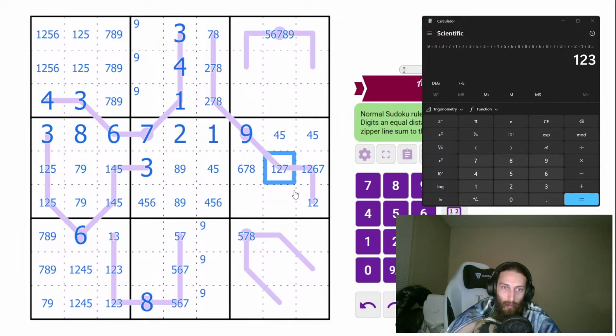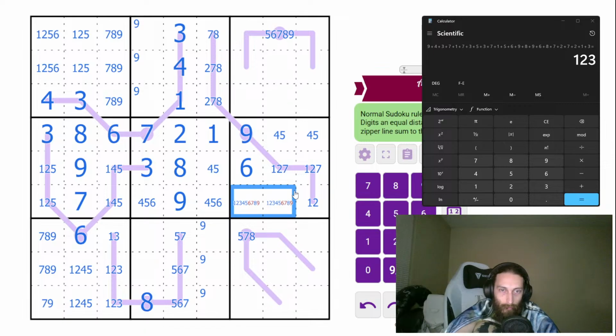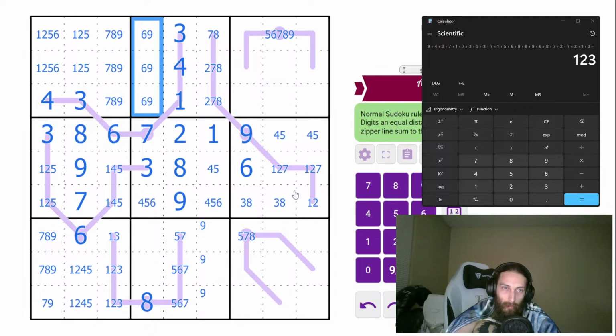Two, 7, 8 means I can't use a 6. 1, 2, 7. It's a 7 out. Actually, I need the 6 here. 7's one of these two, so 8 and 7, 9. 3 and 8. 9, 6, 5, 4, 5, 6.